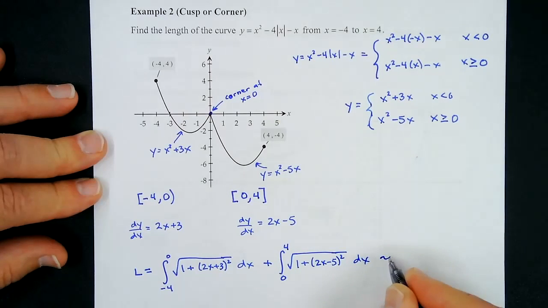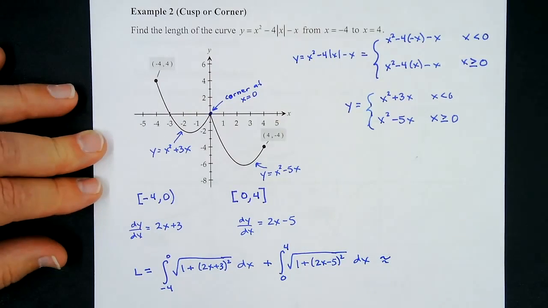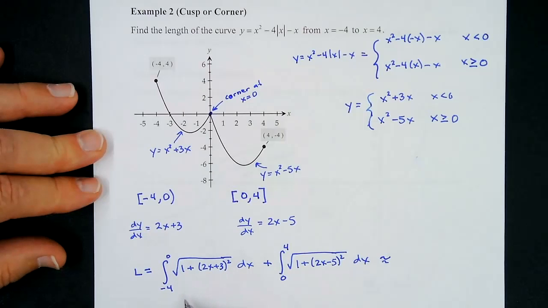Okay, so once again, we're going to put that into our calculator and come up with an approximation. This is an expression for the exact length. It's just that integrating these square roots with 1 plus a square is really difficult and kind of beyond this class. So that's why we're using a calculator.